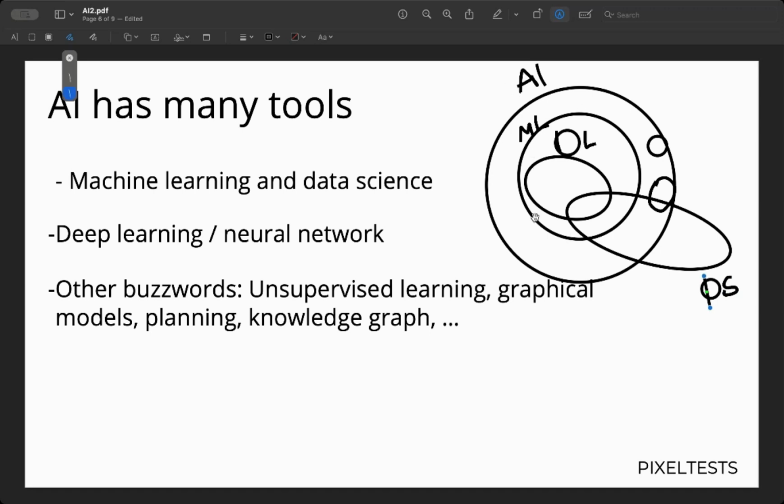There are many tools in AI, but this is how we can clearly differentiate. And there are other buzzwords like unsupervised learning and graphical models, which we will go forward and discuss at length in detail to understand them further.